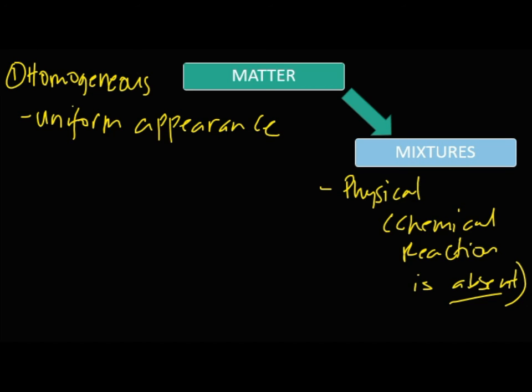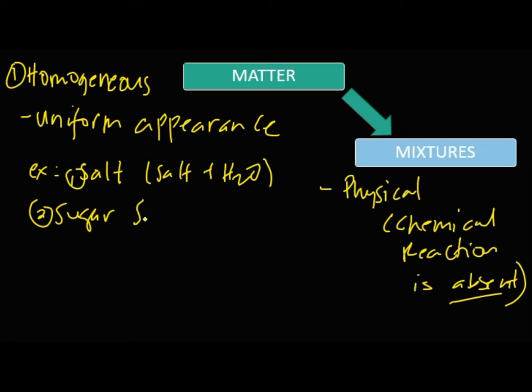Now, what about the examples of homogeneous mixtures? The first one is a salt solution, that is salt plus water. You can have sugar solution also, that is sugar and water.